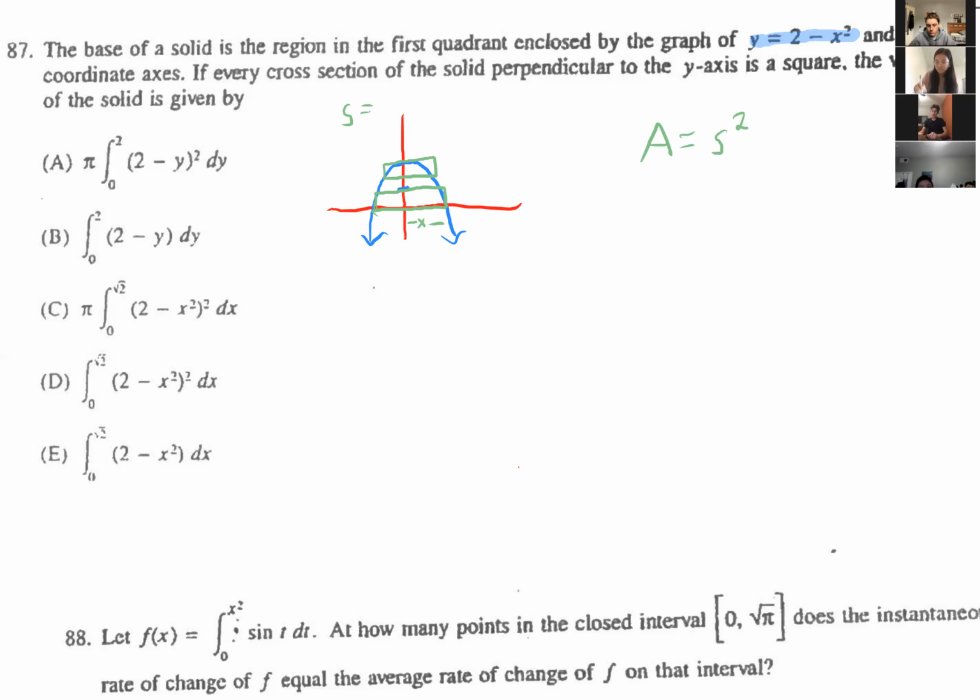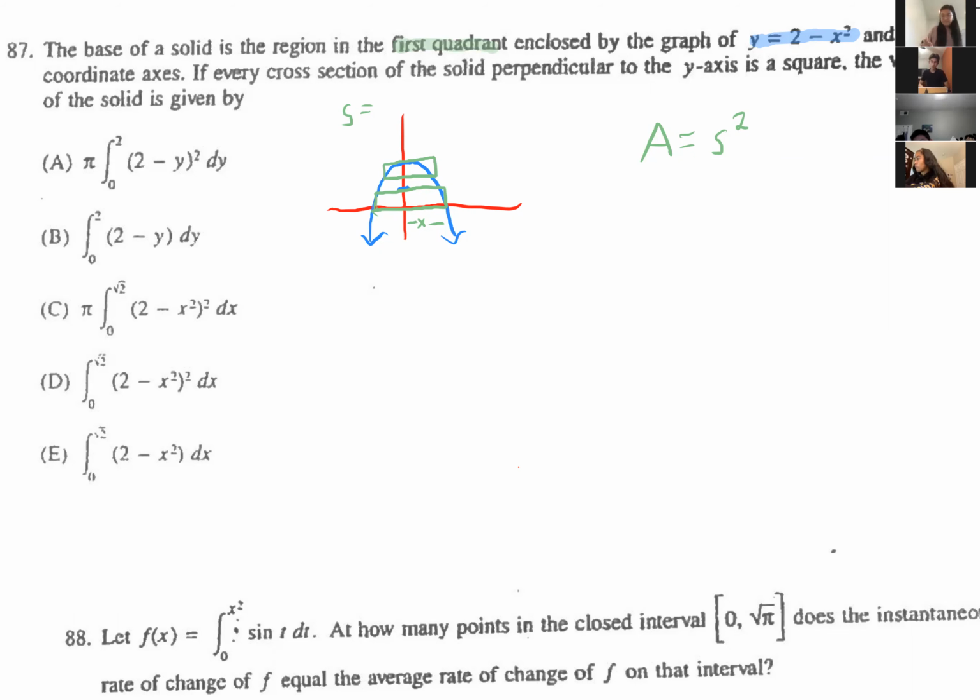Give me a second here. Let me read this again. Oh, it's only in the first quadrant. I didn't see that. Okay, so this makes more sense now. First quadrant, sorry.